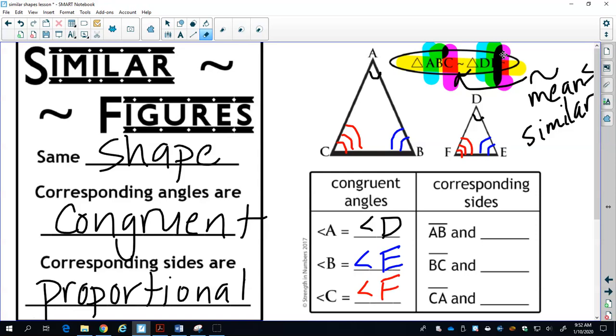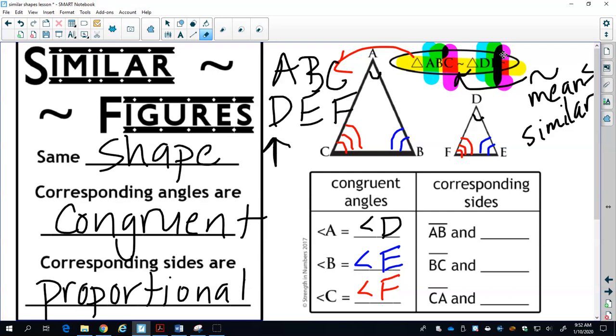When you take your triangle similarity statement right here, if you're trying to figure out which angle goes with which and you're not sure, you can look at the order. So the A, B, C is going to go with D, E, F. Okay, do you see that? See how A goes with D, just like this?